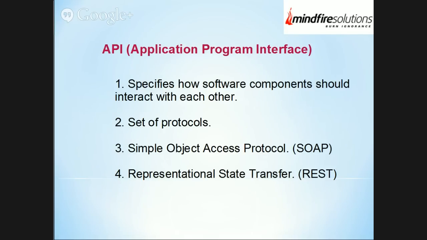The next one is API. I guess most of us know what an API is. It's an interface. And what primarily we are doing here is testing an API. It specifies how software components should interact with each other. That's what the definition says.